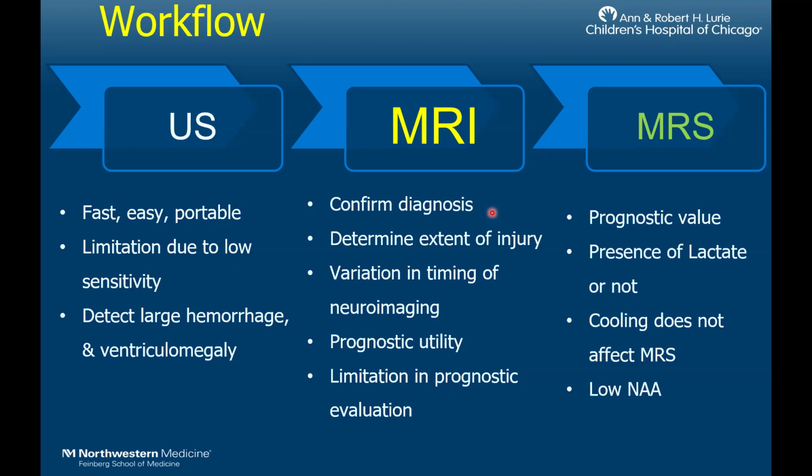And I would say there is variation in timing of your imaging, just depending on really sort of the local institution, availability, resources, and obviously the clinical status of the infant. It is also used as a prognostic tool, just like the EEG, and it is typically performed within sort of day of life 2 to 14.